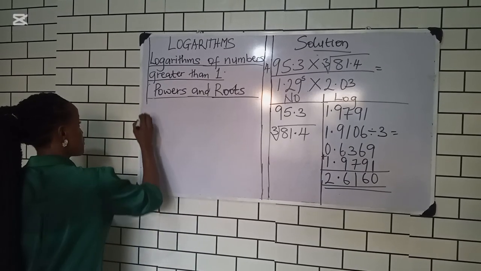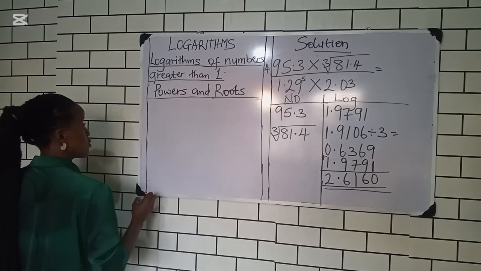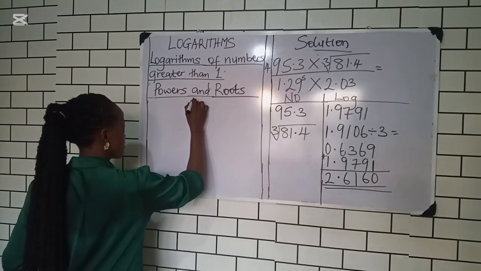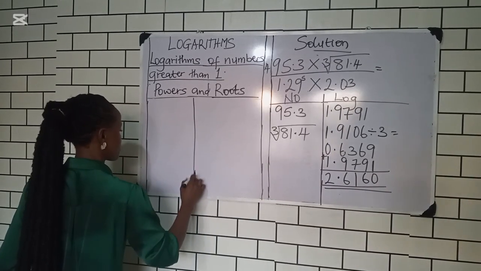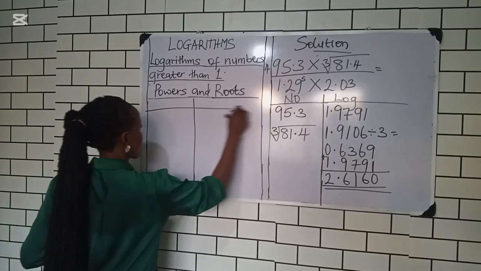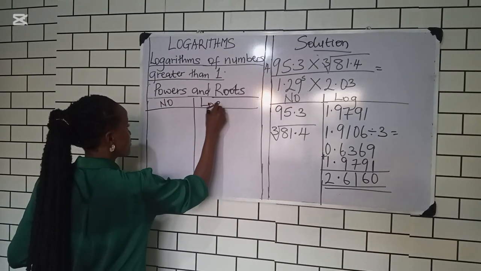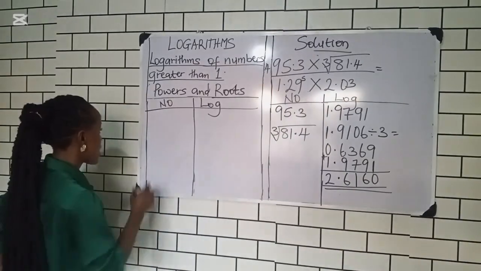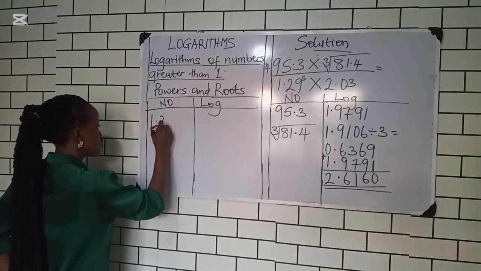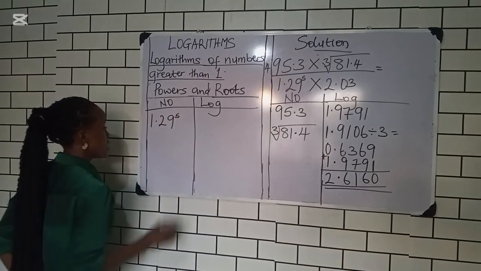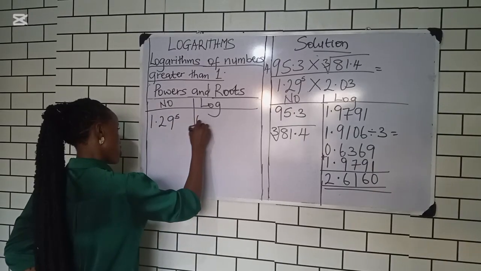Now we continue from the denominator part. We still draw your line. Have number, have log. Now for the denominator part, we have 1.29 raised to power 5. The characteristic part here is 0.